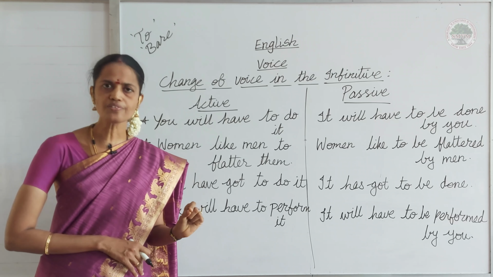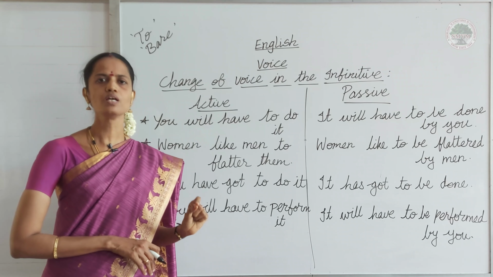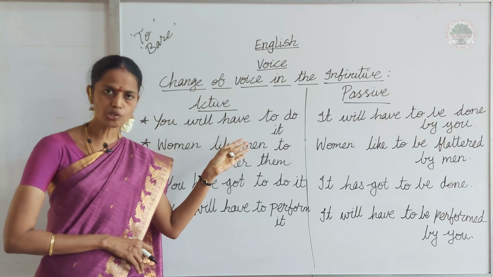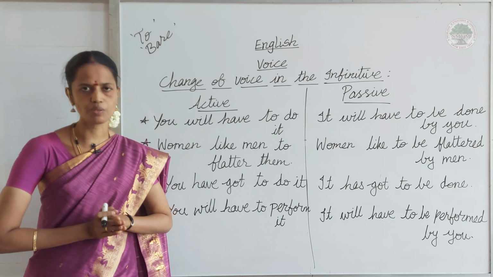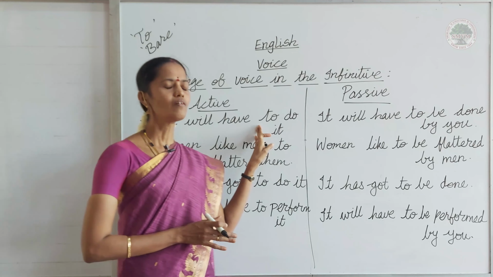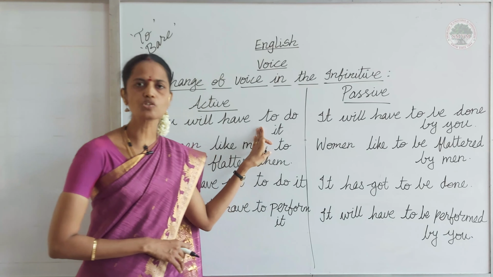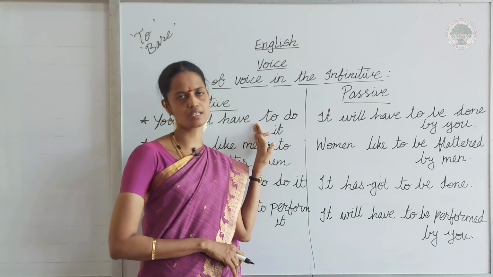What is the rule for the future tense? We have to introduce the be form of the verb be, isn't it? The same rule we are going to follow here also. We have to introduce that be in the place of the to-infinitive. We have used the to-infinitive, so there we have to make these changes.